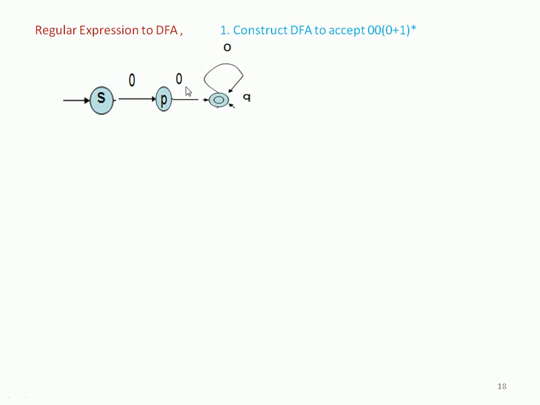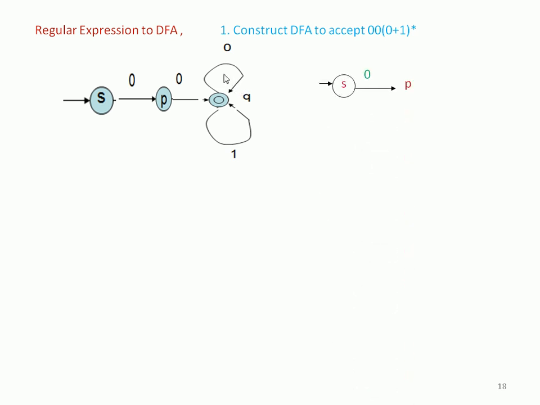The next input is 0, and we reach the final state. 0 + 1, here is 0 and 1, so 0 0 then (0 + 1)*, which can occur many times, right? So this is an equivalent deterministic finite automata for the given regular expression.